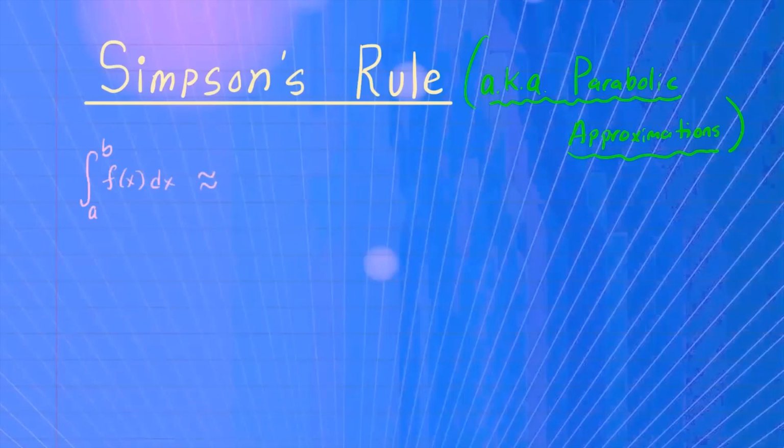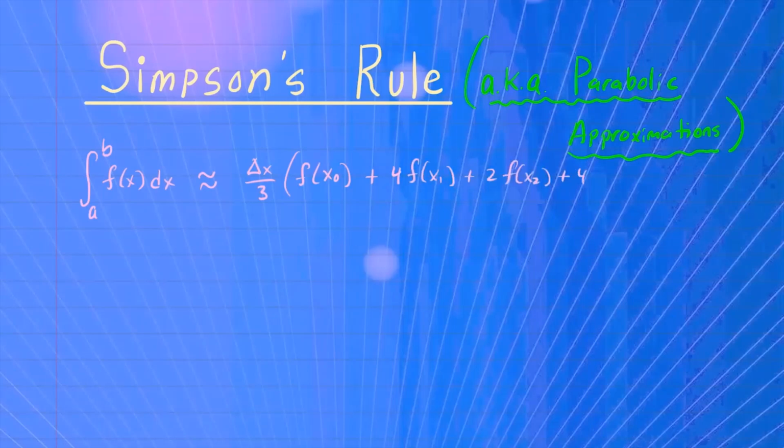approximated by Simpson's rule, which is delta x over 3 times f of x evaluated at the first endpoint, f of x0, plus 4 times f of x1 plus 2 times f of x2 plus 4 times f of x3, and you get the idea.